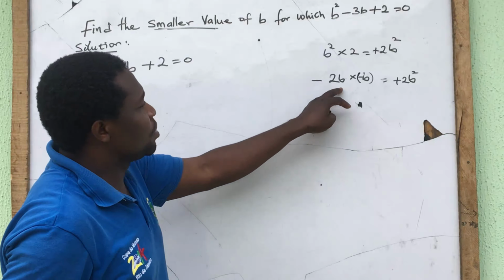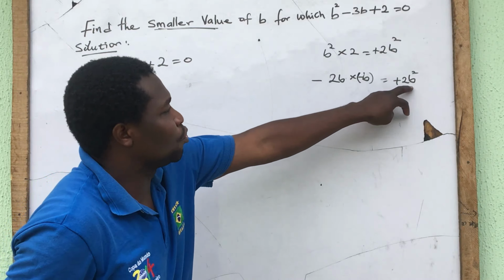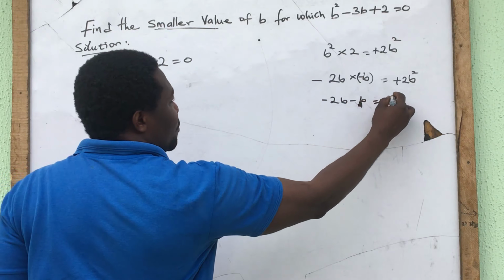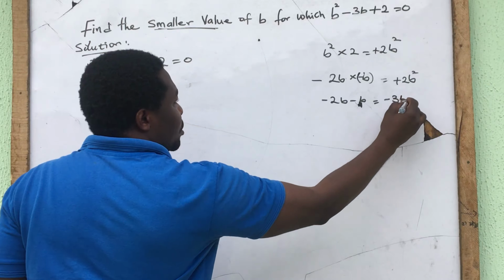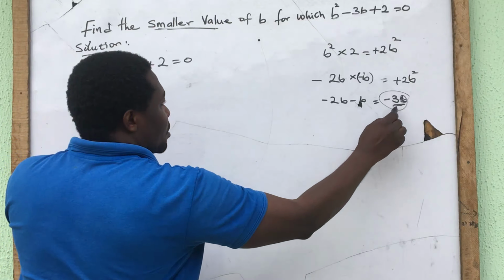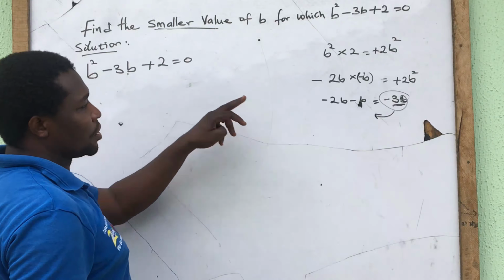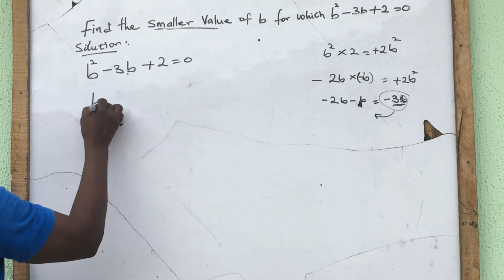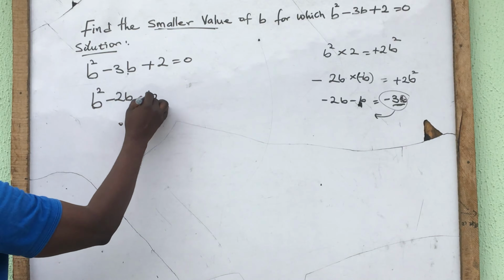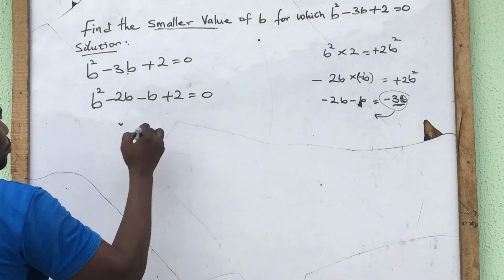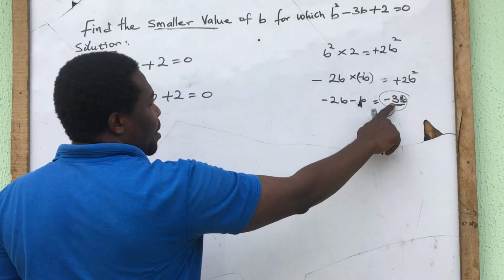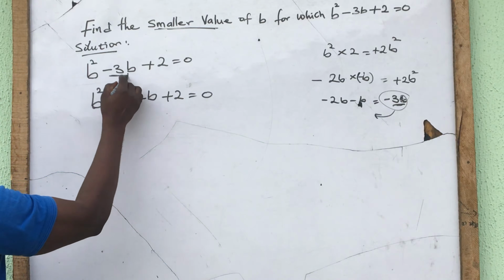Minus 2b times minus b gives us plus 2b squared. When we combine it, minus 2b minus b gives us minus 3b, which is this. So we use this to replace this. Therefore b squared minus 2b minus 1b plus 2 equals 0.